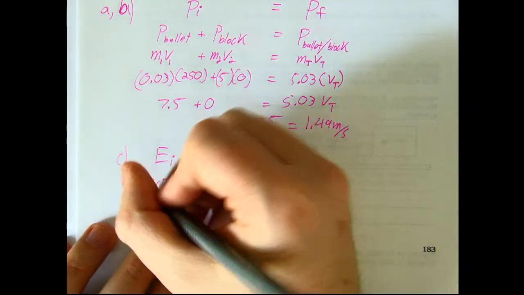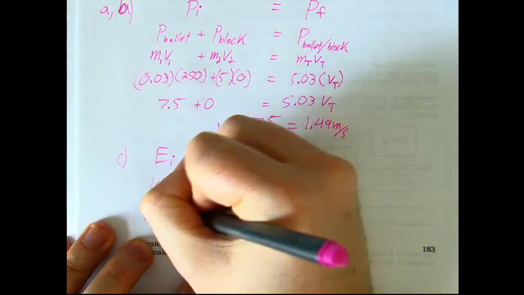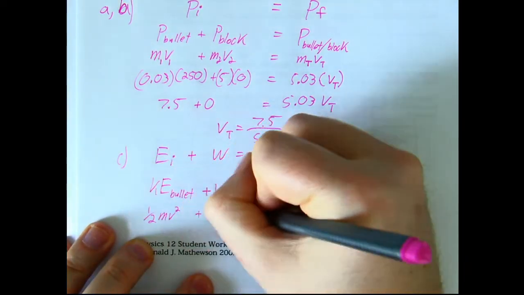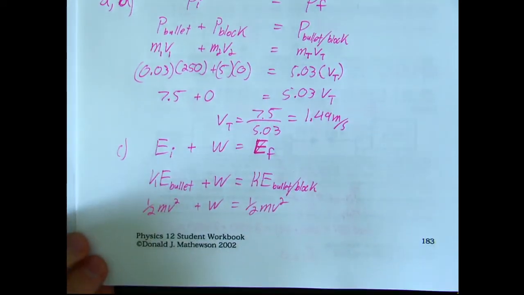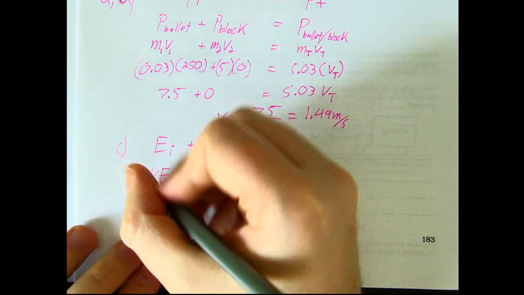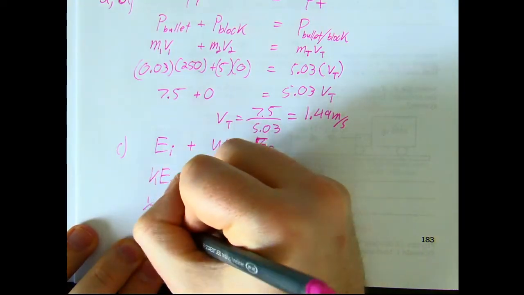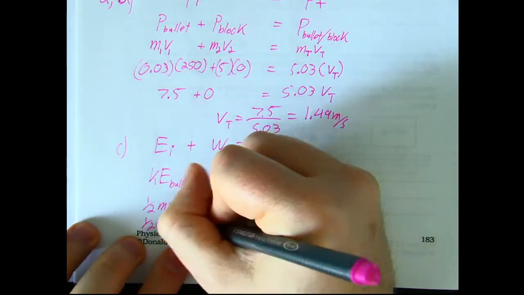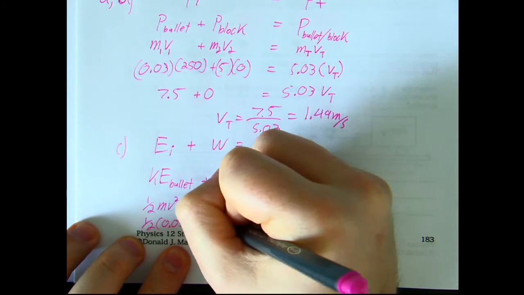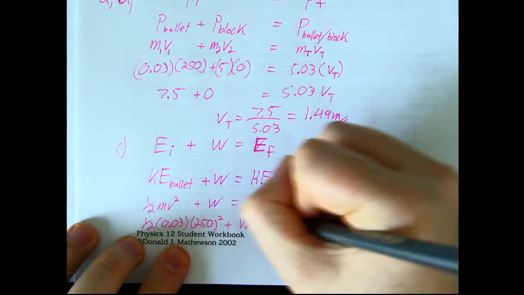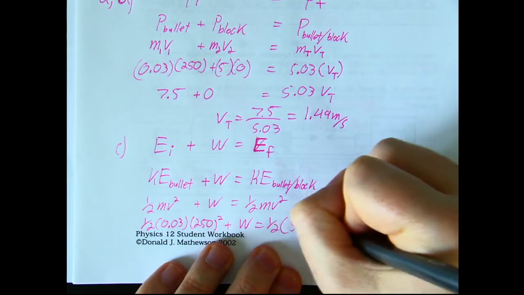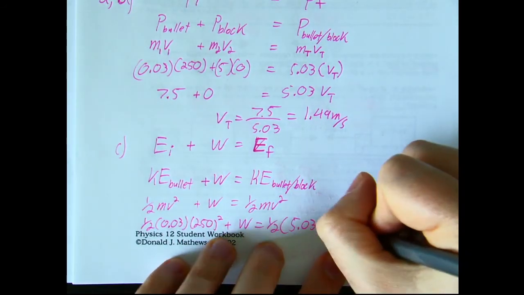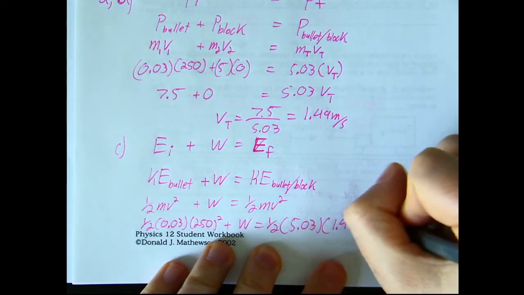So the KE of the bullet is going to be 1/2 mv squared plus work equals 1/2 mv squared. And let's put in everything we know. We know the mass of the bullet was 0.03 kilograms. The velocity of the bullet was 250 squared. Plus work is going to equal 1/2. We know the combined mass is 5.03, and their combined velocity is 1.49 squared.